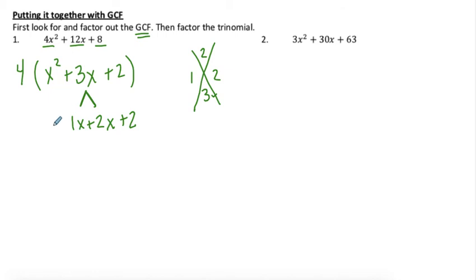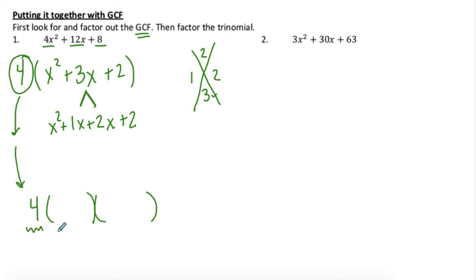Bringing down the 2, bringing down the x squared. This 4 just keeps coming along down and down until we get our final answers down here. So just like before, we have 4 as part of our answer, but it's not part of this next process here of the factoring by grouping.